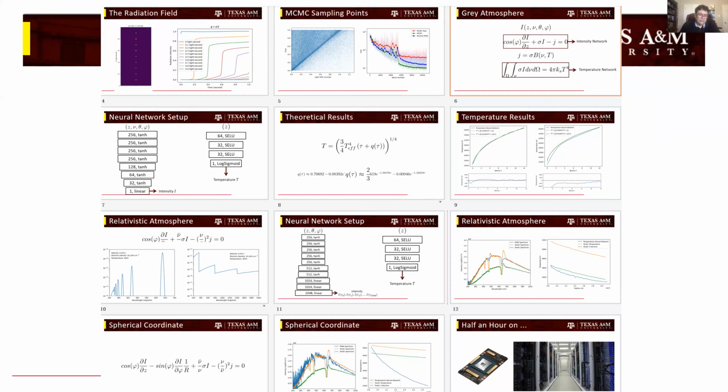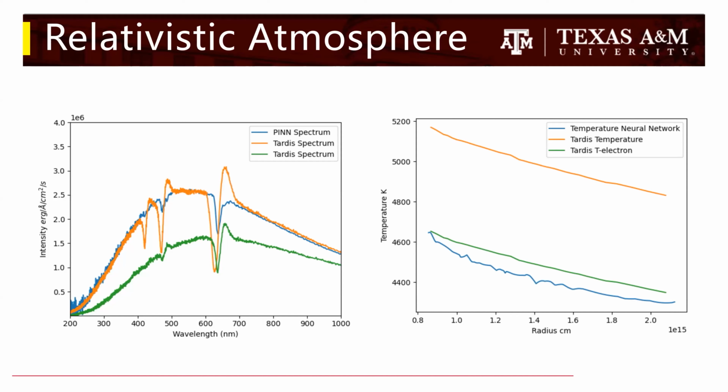But on the other hand, the temperature from the PINN agrees well with the green curve rather than the original curve. So it seems like there is a mismatch here, right? Yes. So what is the possible reason? Is it because you didn't add the complete physics, or because of the coupling of the physics? What's going on?